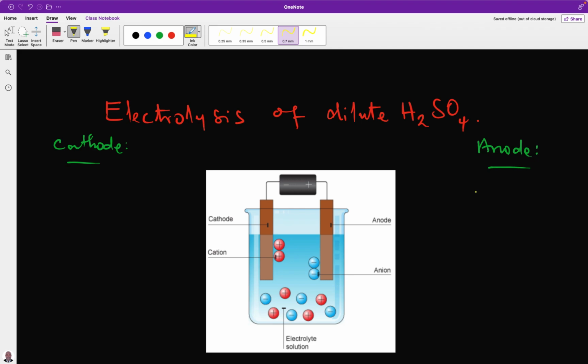The hydrogen ion will go to the cathode. Water will produce H+, which will come to the cathode, which is negatively charged, and OH-, that will come to the anode, which is positively charged.